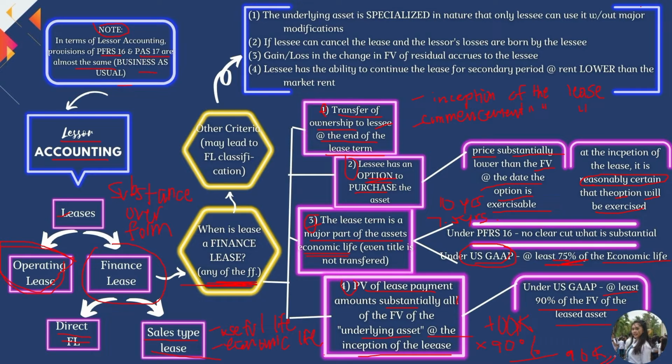Muna imong lease payment. So imagine, ang present value ang gibayaran ni lessee sa imo is 90,000 minimum. Pila ang fair value? 100,000. So here, we could see nga, ang iyang gibayad is so close sa fair value nga halos iya na jud gipalit ang asset. So you cannot classify it as operating lease.